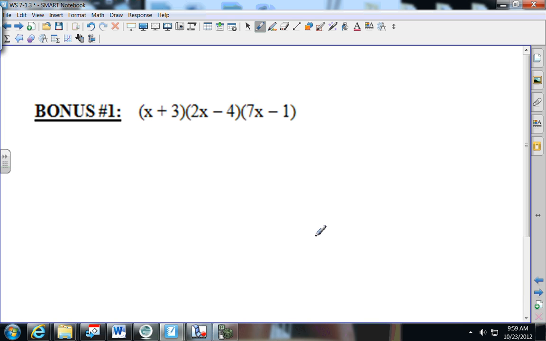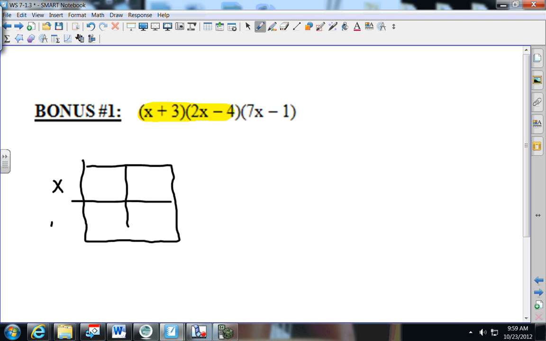Okay, looking at the bonus right here, here's what we would do. You would multiply these two first. We're going to break it apart. This is a binomial times a binomial. So I've got x plus 3 and 2x minus 4.